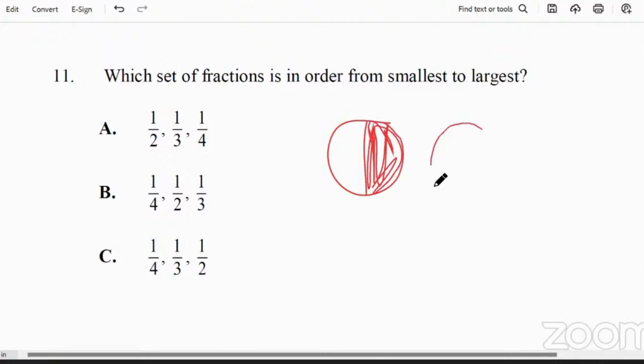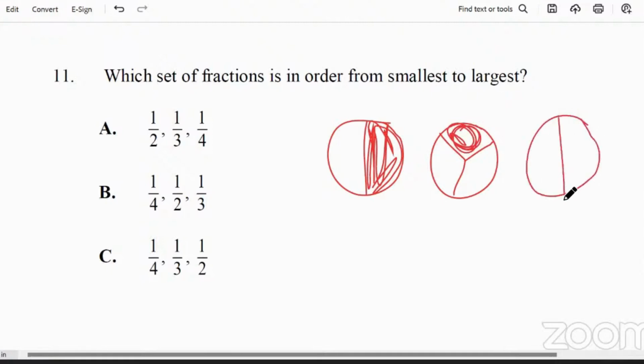If I have another cake and I divide it into 3 sections, and I give you this section here, and then I have another cake and I divide it into 4 sections and I give you this section here, which would be the smallest piece, and which would be the largest piece?